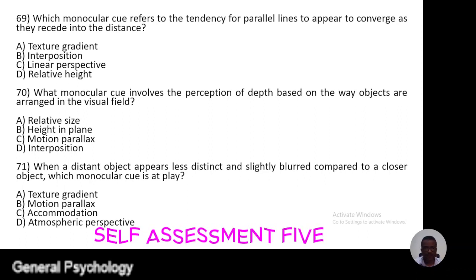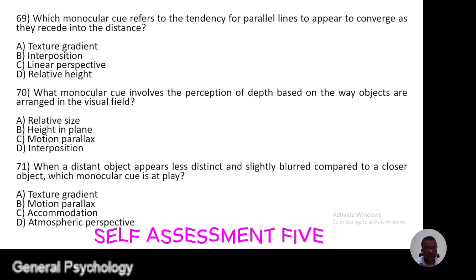D. Relative height. Question 70. What monocular cue involves the perception of depth based on the way objects are arranged in the visual field? A. Relative size. B. Height in plane. C. Motion parallax. D. Interposition.